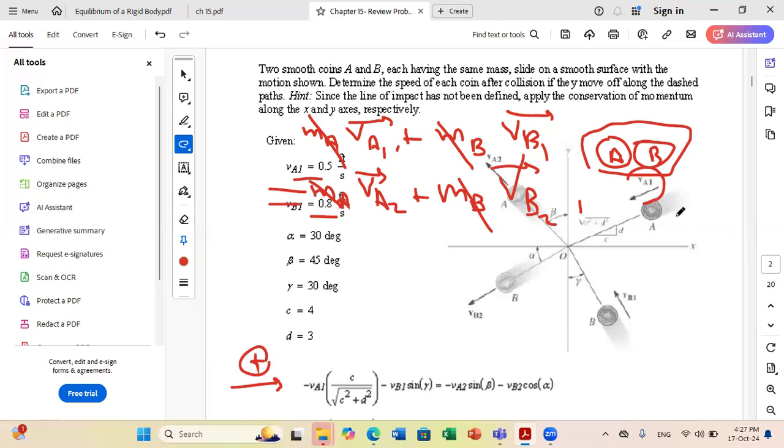If you look at VA1, it's a negative component, so minus VA1 magnitude, which is 0.5, times cosine of this angle.